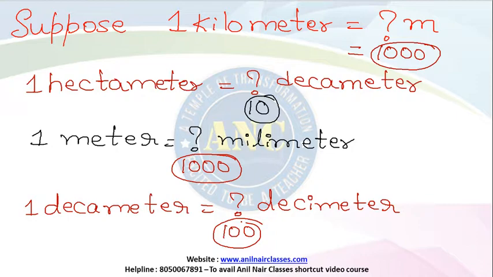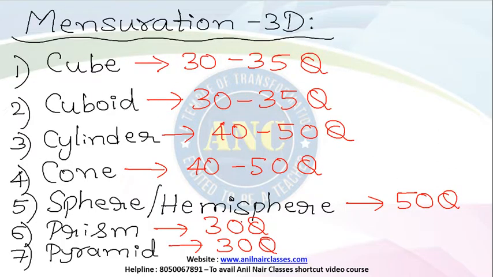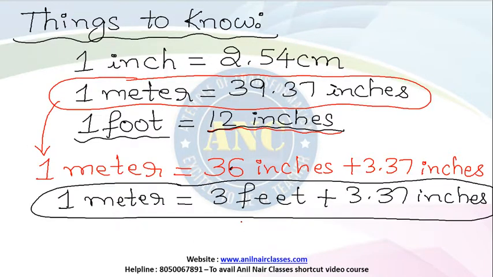I hope till now whatever we have discussed is clear. We have told what the class is, what the topics are that we are going to cover in mensuration three dimensional, along with approximately how many problems in each topic, and then a very small explanation about two dimensional and three dimensional. What is the small difference between 2D and 3D, and then what are the things that you need to know before we move on to problems.